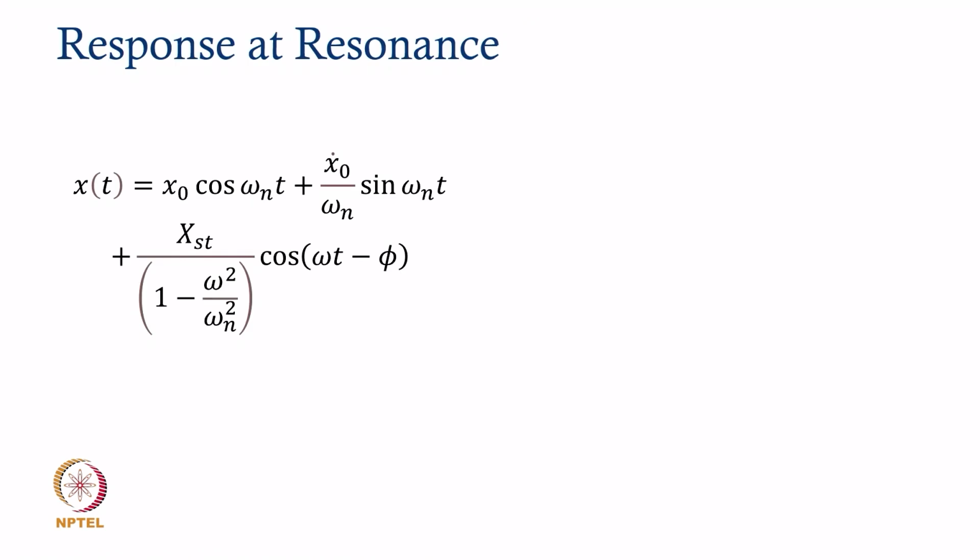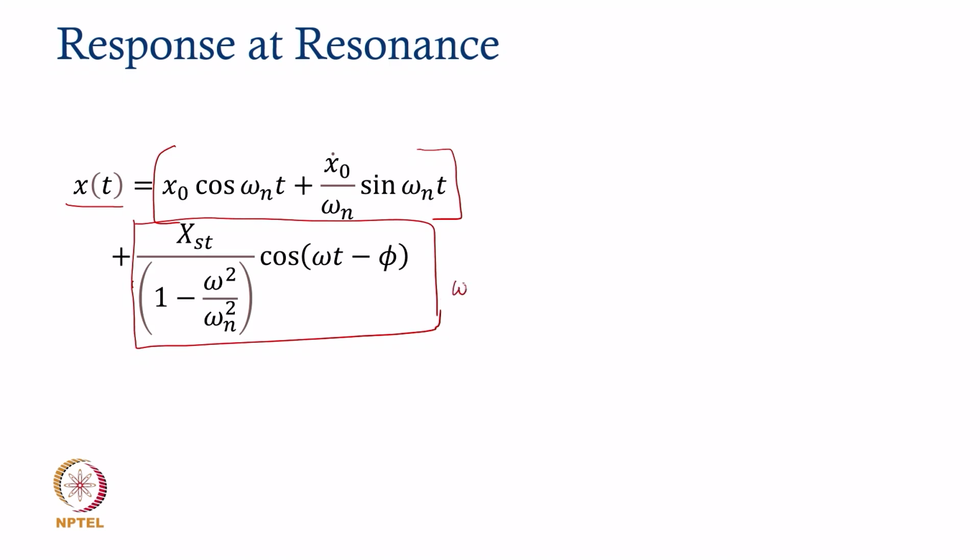So, this is the total response that I talked about, comprising this part which is the transient part and this part which is basically the steady state response at a particular excitation frequency omega. Now, if you solve this for the case at resonance wherein omega is equal to omega n, or r, which is the ratio of these two frequencies, is equal to 1, that is what we say is the condition of resonance.